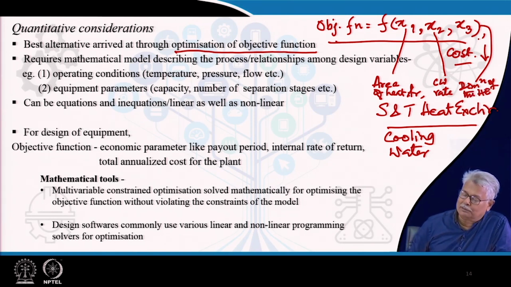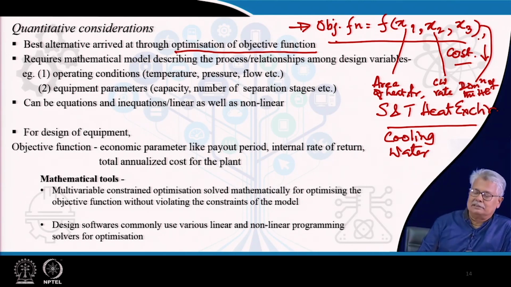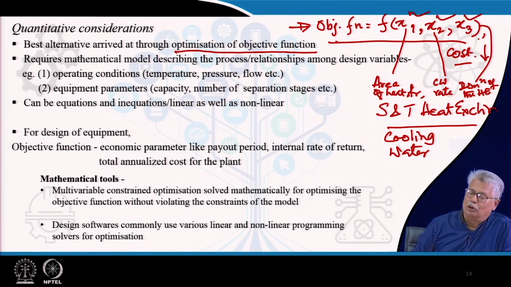So what I am talking about right now is we are required to frame up an objective function in terms of the parameters of design. This is the first step in quantitative consideration. And the mathematical optimization we do for this objective function will give us the values of x1, x2 and x3, which are the optimum values, which corresponds to, if this be a cost value, the minimum cost of my exchanger.